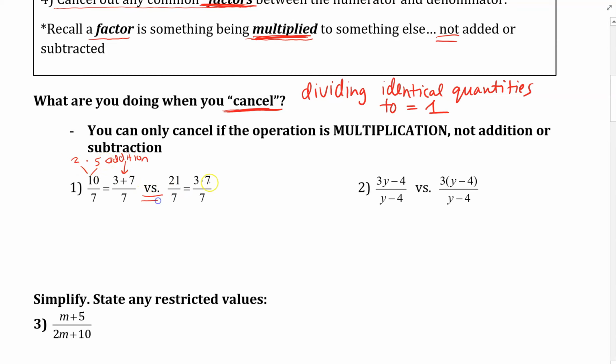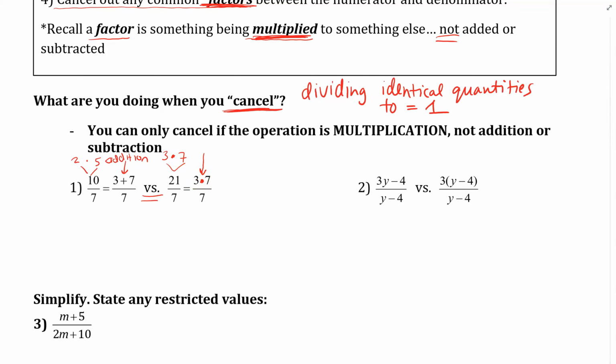Whereas, versus this scenario where it's the act of multiplication. The operation is different, right? I'm multiplying 3 to 7. And so the factors of that result are 3 and 7, right? Because that produces 21. The factors of 21 are 3 and 7. So that act of multiplying meant that these numbers were factors of whatever number was about to result.